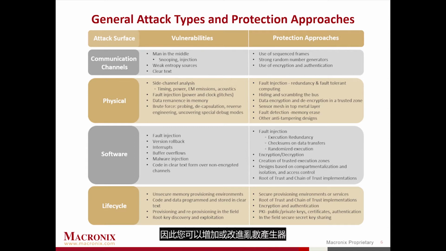And so you could improve the random number generator, for example, so that it is more random and has higher levels of entropy. You could study the text that you're sending and make sure that any text that is critical is encrypted, or at least use authentication at the beginning of some sort of communication.